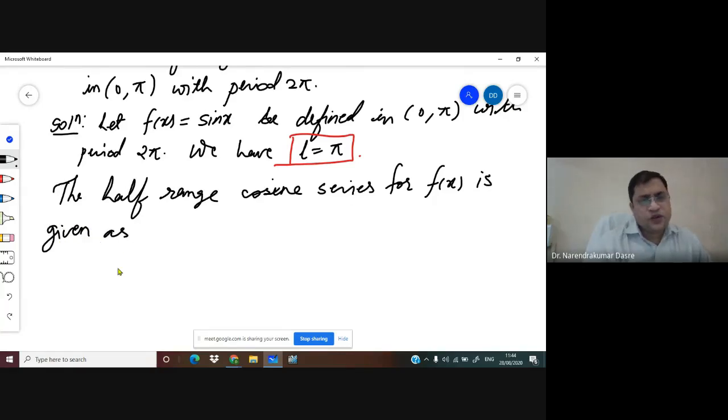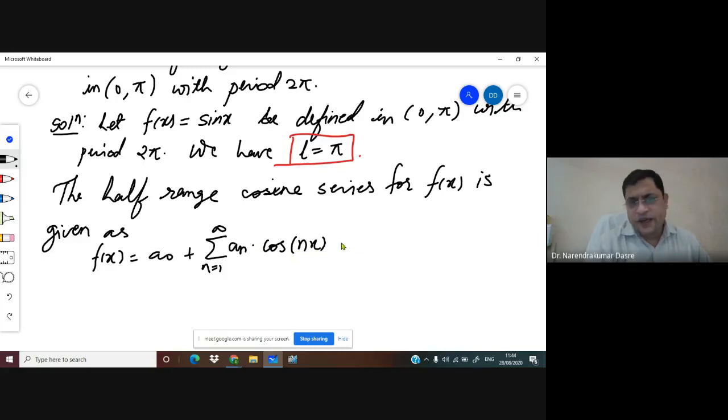given as, so what we have here, f of x is equal to a0 plus summation n running from 1 to infinity, L is going to be pi, so it is an cos of nx.